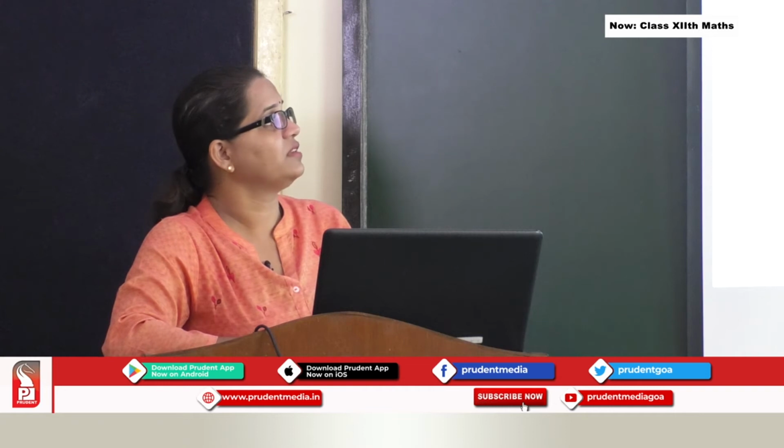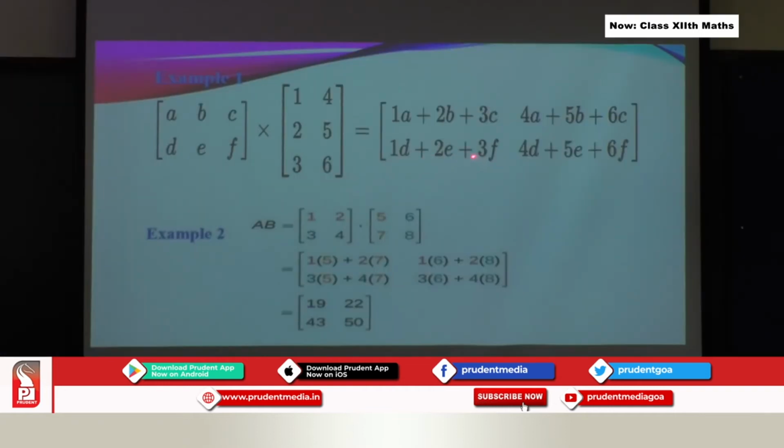Let's talk about the second row, first entry of the second row. So I am talking about second row, first column. So in a similar way I need to multiply and add. So I say 1D plus 2E plus 3F. Look at this. Same way I am getting over here, second row, second column.